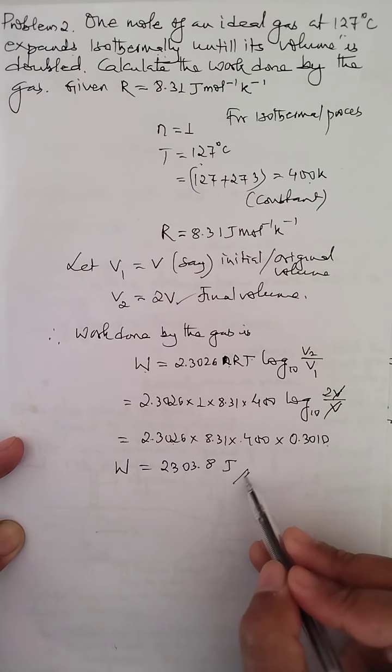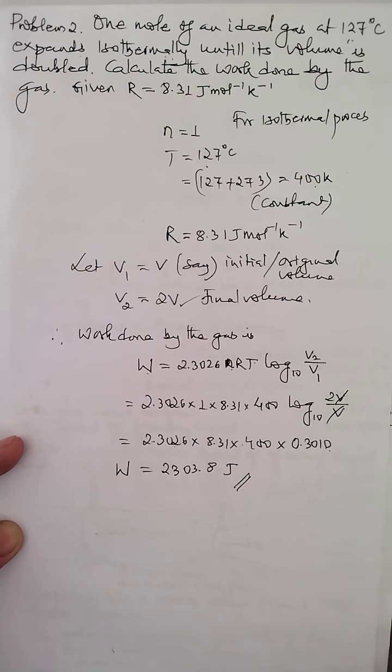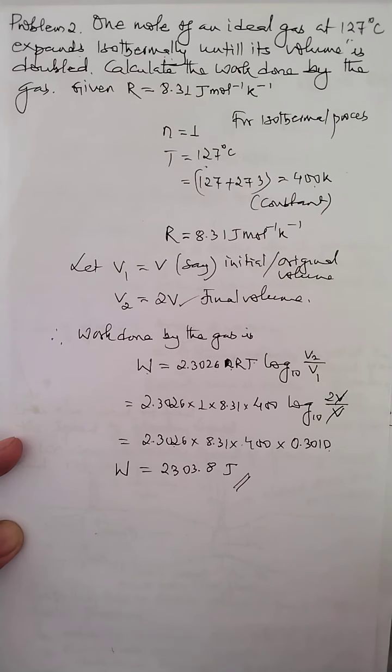So this is the work done by the gas isothermally. So children, I have explained problem number 2, which is based on work done by an ideal gas under the isothermal process. There are 2 more numericals to explain, and you will learn that in the next YouTube video.